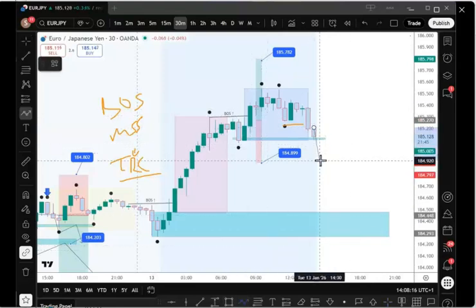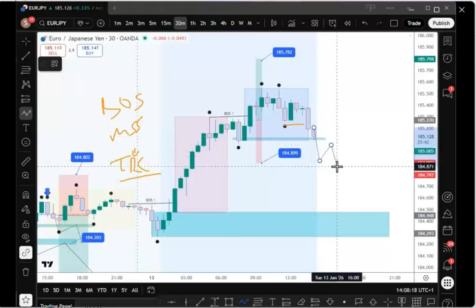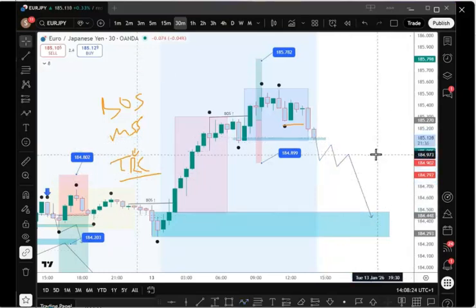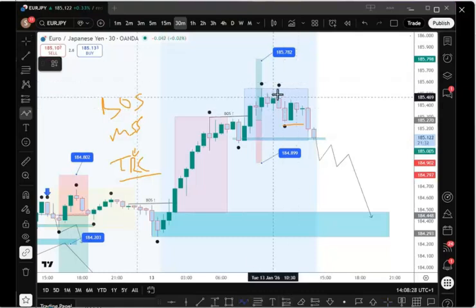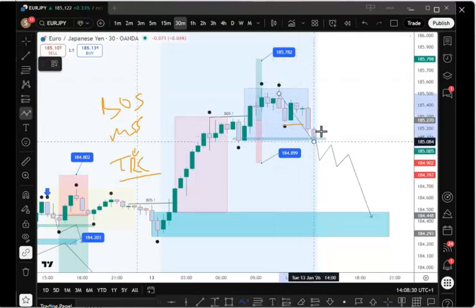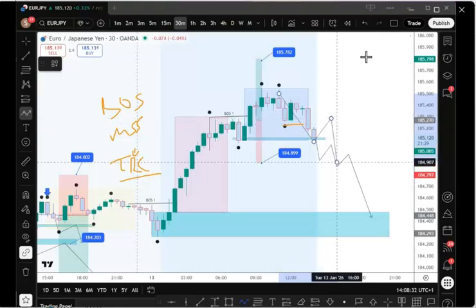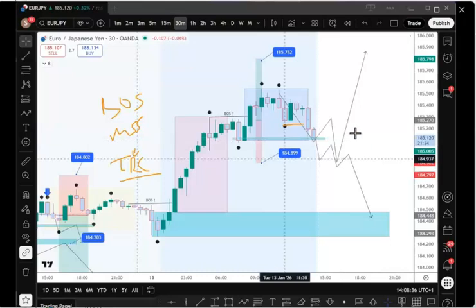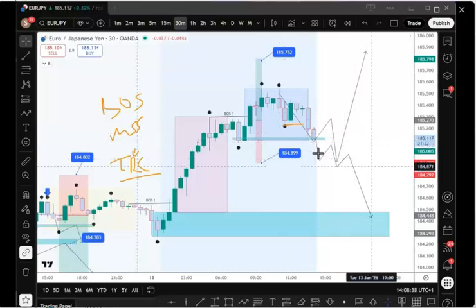So wait for it to break, then let it go down and break this level again. Once it breaks the second one, then you can look for possibilities of going short. Because sometimes it can just do something like this, just to take you out, come down like this, go up, come down, and then just go back up again, right? Because generally speaking, it's still very, very bullish, right?